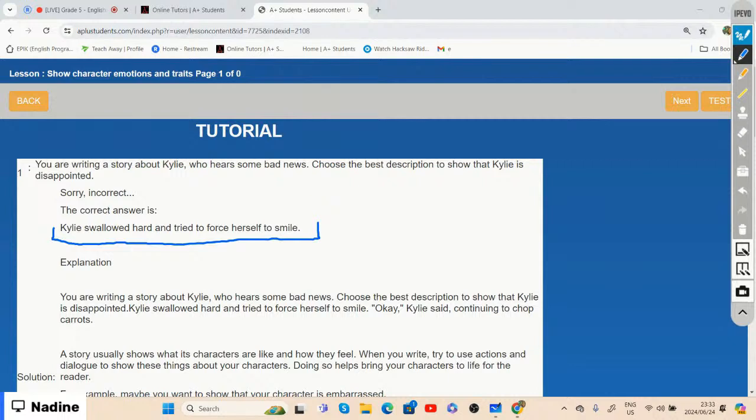All right, so we are talking about describing characters, right? And think of stories, think about books, think of any forms of stories where you'll find characters in, right?